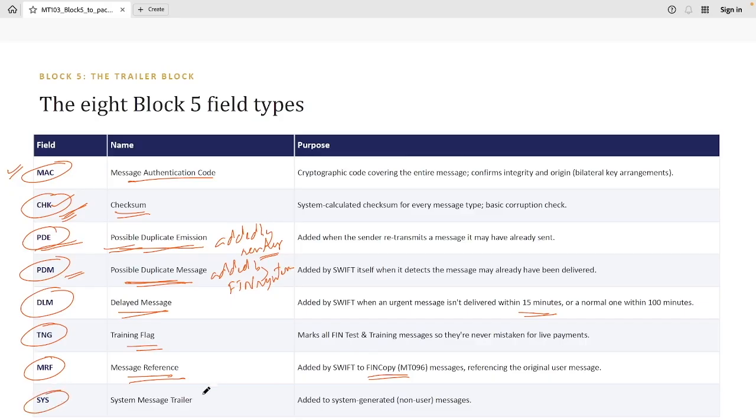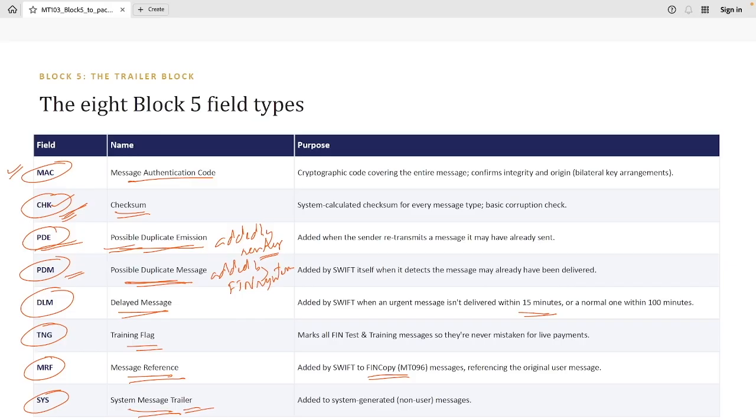Then coming to SYS. SYS stands for System Message Trailer. So SYS is associated with system generated messages. Not every message traveling through FIN is created by a bank employee or a customer payment application. The network also generates technical messages, acknowledgements, notifications, and other system traffic. These messages are not related to any customer credit transfer.